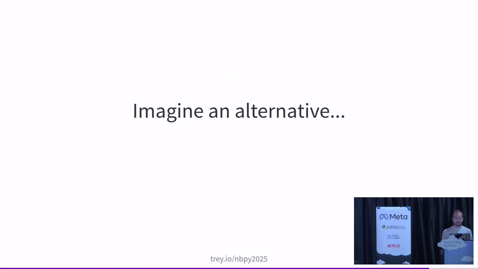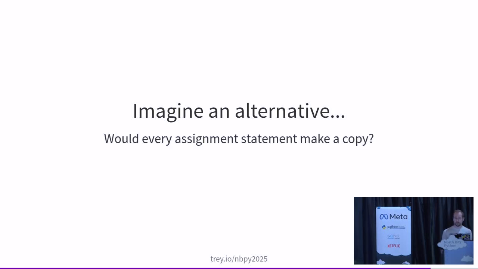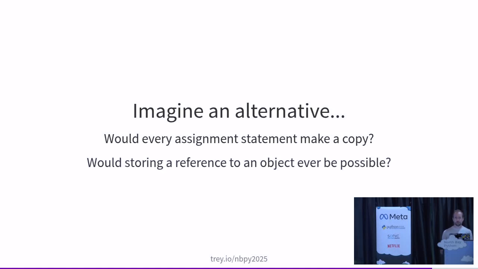Well, imagine if every assignment made a copy of an object. Copying objects all the time takes time and it takes memory. But also, how would we ever model parent-child relationships or any kind of relationship that involved storing a reference to an object instead of a copy of an object?